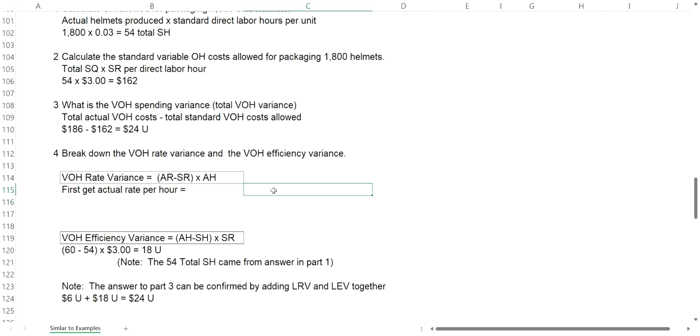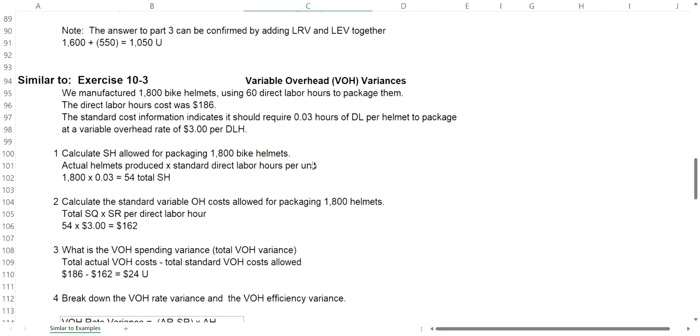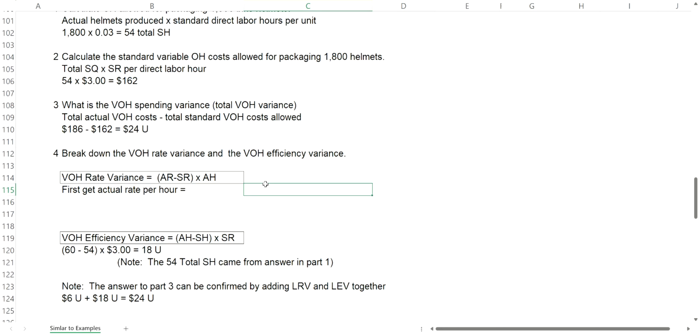Okay, now that we have that information, we are going to go ahead and calculate the variable overhead rate variance and the variable overhead efficiency variance. First, we do need to calculate the actual rate per hour. And we could do that by, if we go up here, you'll see that the actual overhead cost for variable was $186, and that was for 60 direct labor hours.